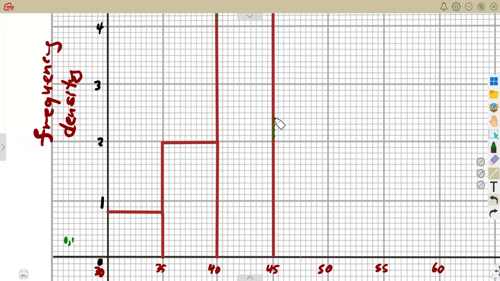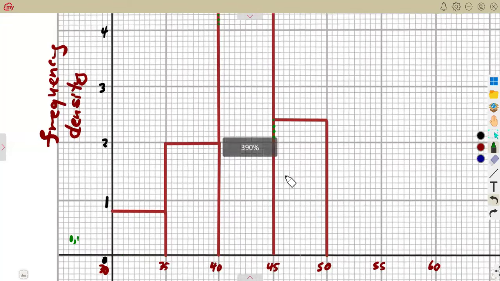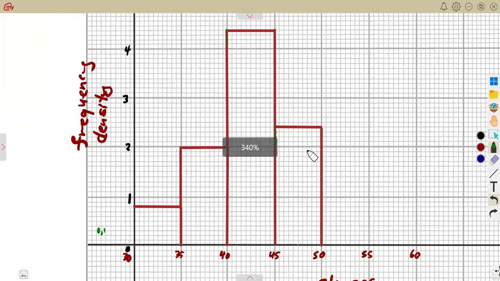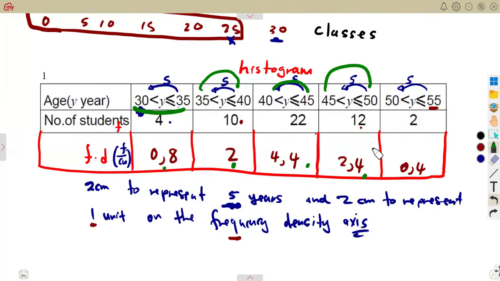So at 2.4, this is where we need our line, and also here going up at 50. 45 to 50 versus 2.4. Then we move on to another one.